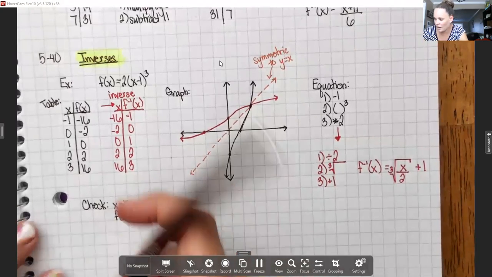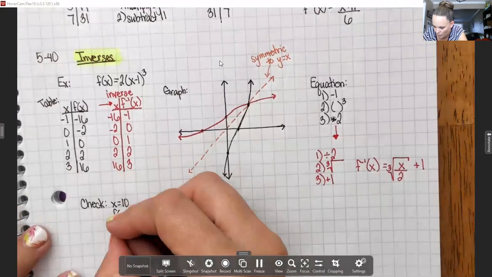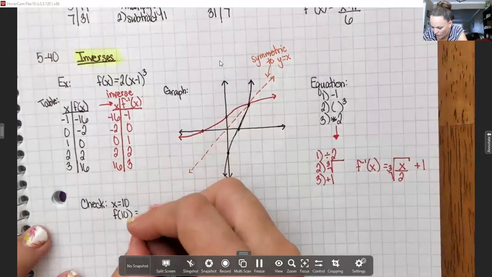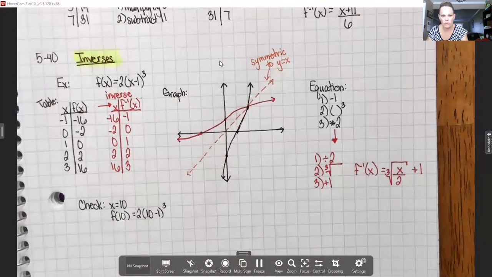Oops, f of 10, not f of x. F of 10 is 2 times 10 minus 1 cubed.